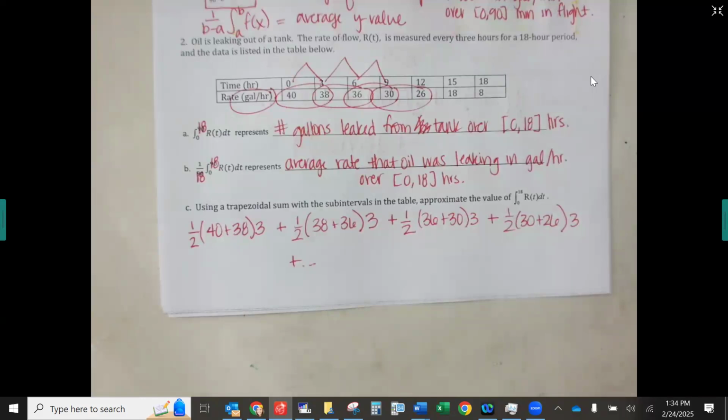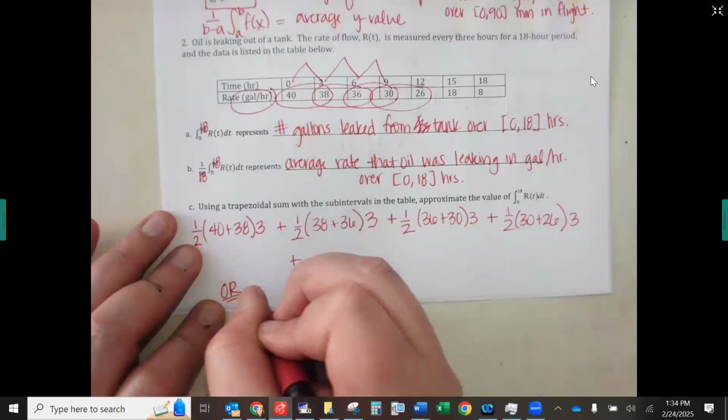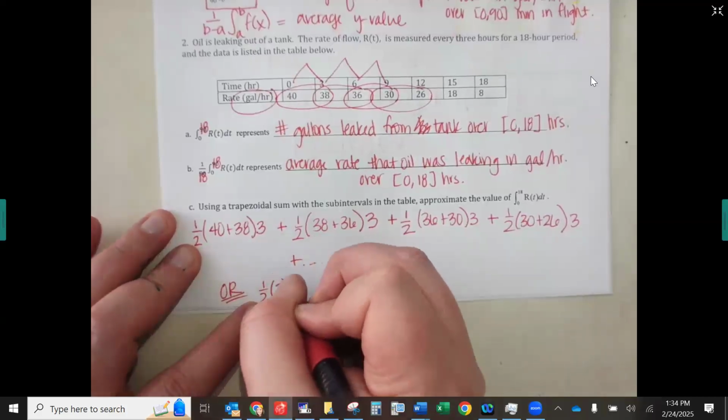You can do the same thing here, but you can pull out more than just the 3. What else do they all have in common? They all have a half. So for the short version, because your delta x is always the same, pull out the 1/2 and the 3.